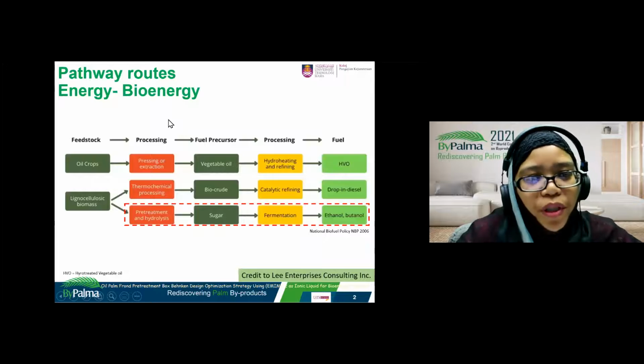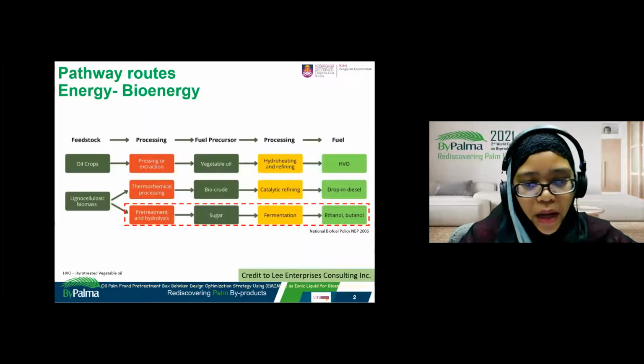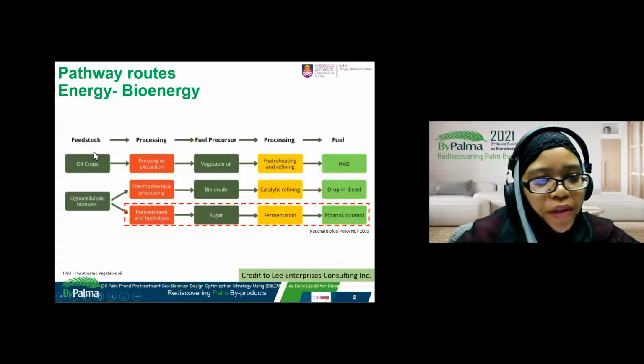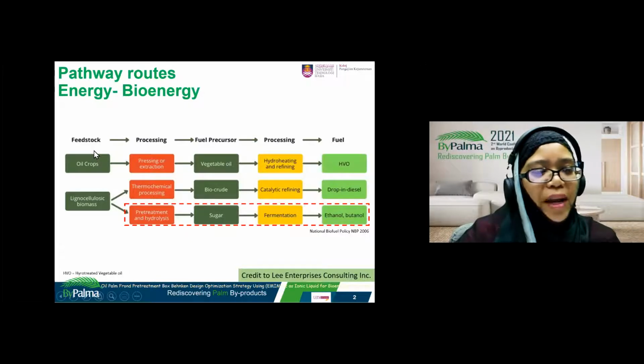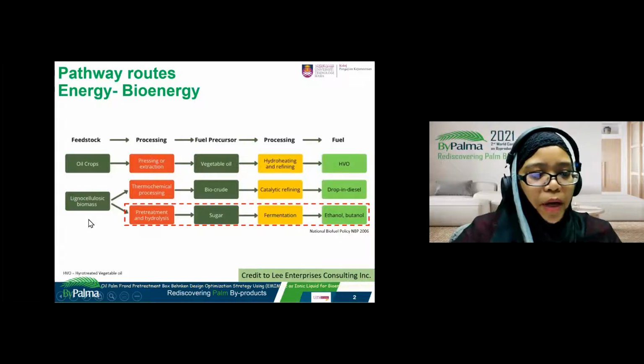So the pathway routes for the bioenergy, as seen here, shared by Lee Enterprises Consulting Incorporation, United States, showing you the various feedstocks which are available coming from the oil crops or the lignocellulosic biomass.